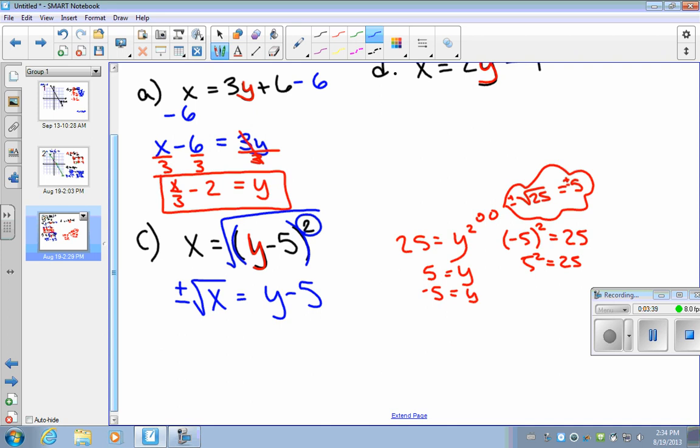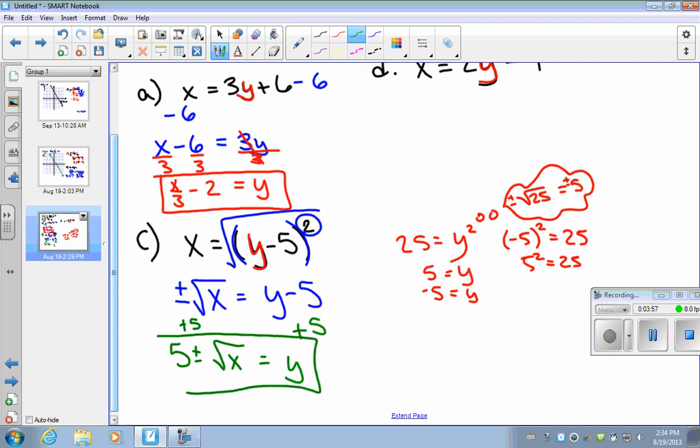And once I do that, solving it for y becomes very easy. I can add 5 because negative 5 and positive 5 is 0, leaving me with just y over here. And if I add 5 to this side, I end up with 5 plus or minus the square root of x. And that's how I'd solve that problem.